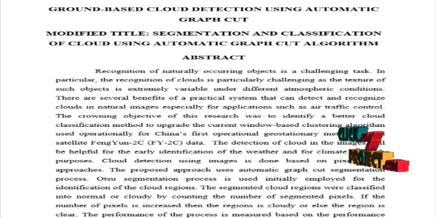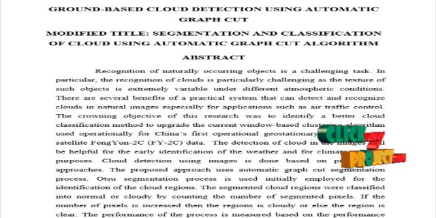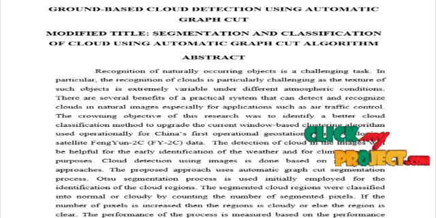If the count exceeds a particular value, then the image is cloudy, or else the image is clear sky. The performance of the process is measured using the precision of the cloud region segmented. The performance indicates the proposed method is accurate compared to the existing works for the cloud detection process.